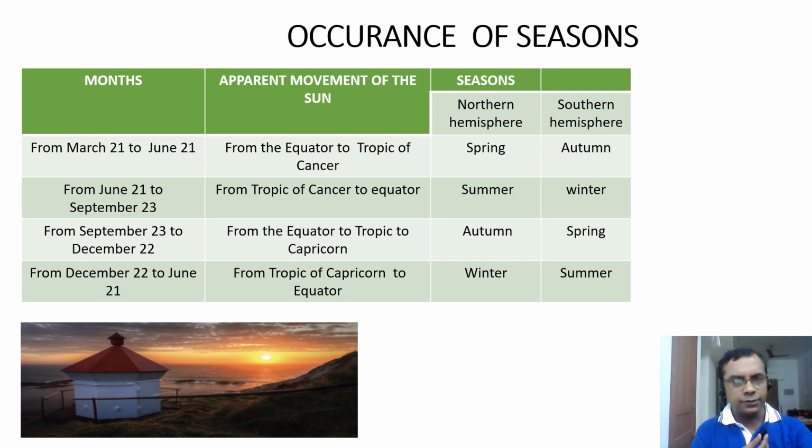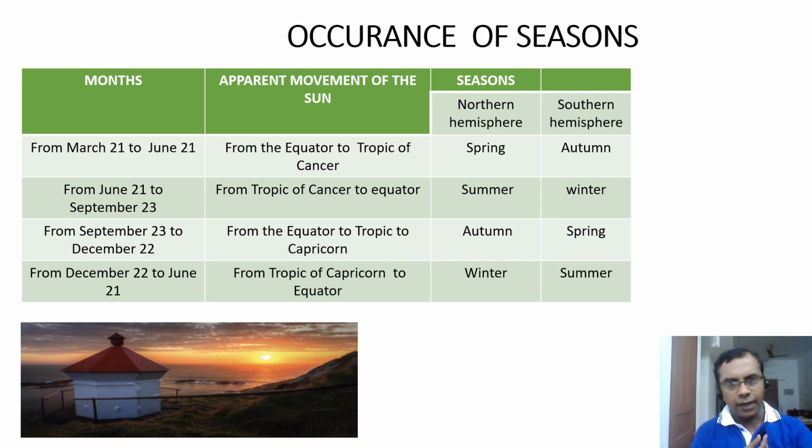From June 21st to September 23rd, summer is experienced in the northern hemisphere and winter in the southern hemisphere. This is because of the apparent movement of the sun from Tropic of Cancer to the equator. Once the sun moves from the equator to the Tropic of Capricorn, that is from September 23rd to December 22nd, autumn season happens in the northern hemisphere while the southern hemisphere experiences spring season.